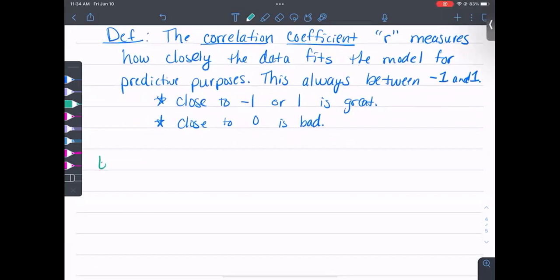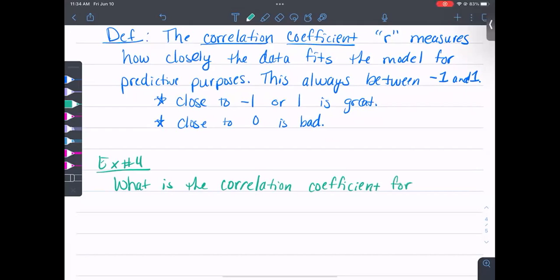So for example, number 4, we're going to figure out what is the correlation coefficient for our model in example number 3.